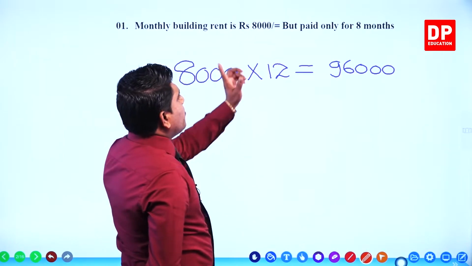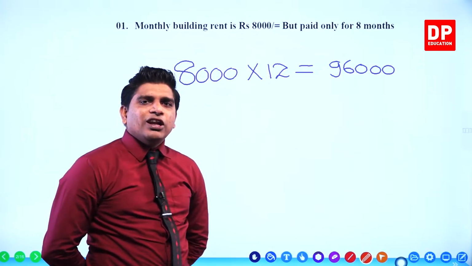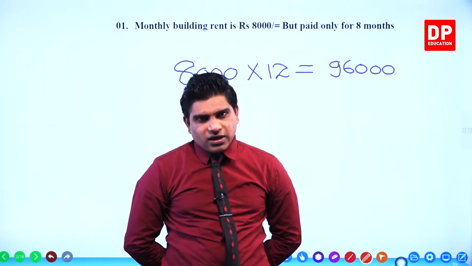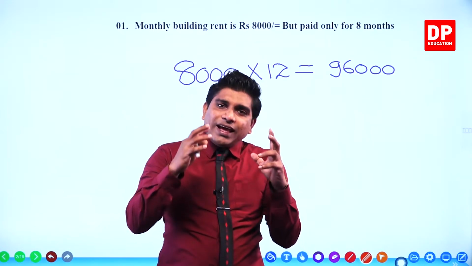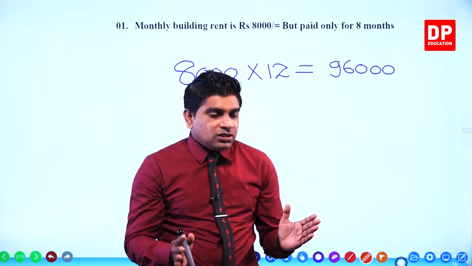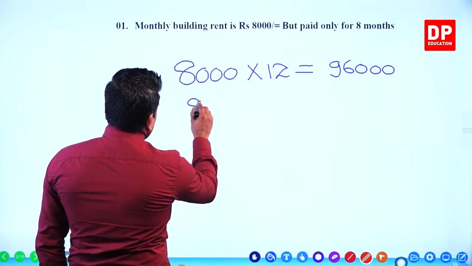96,000. But paid only 8 months. Right? 8 months. Then they have paid by cash only the 8 months portion. For 1 month they should pay 8,000.